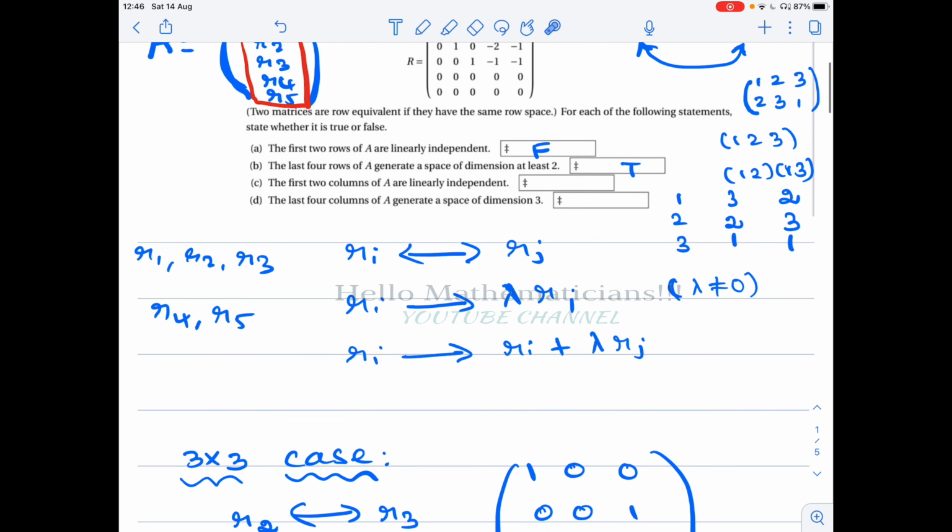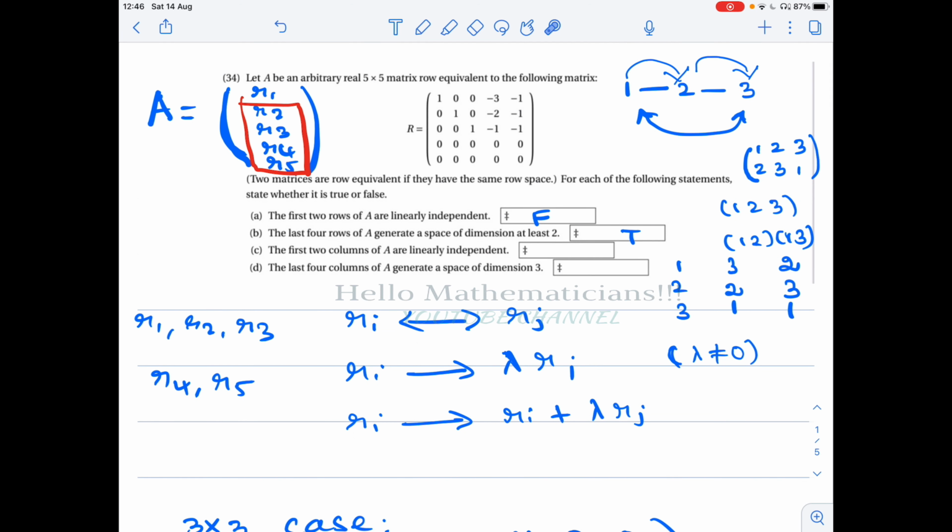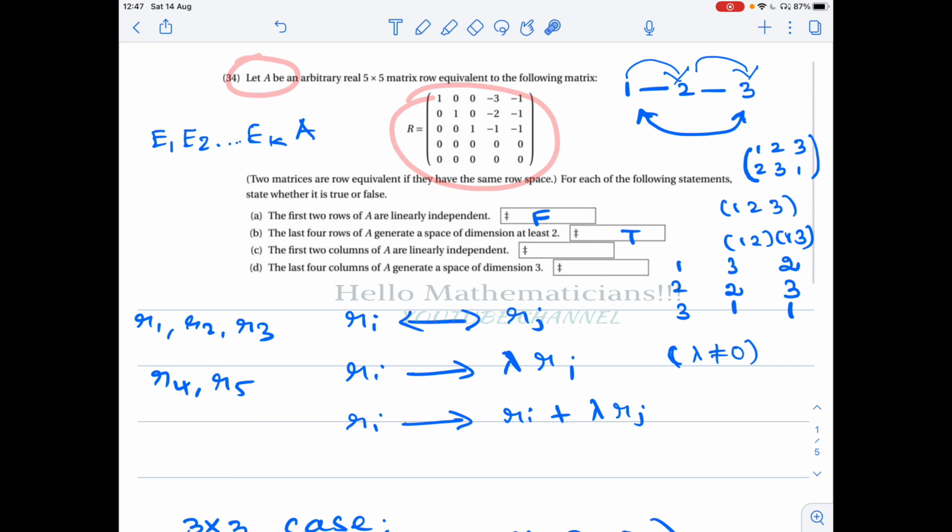So now we can go to our problem. The first two columns of R are linearly independent. R is row equivalent to A, which means from A you keep applying various row operations and finally you get this matrix. Whenever you do a row operation, you pre-multiply by the corresponding elementary row matrix.